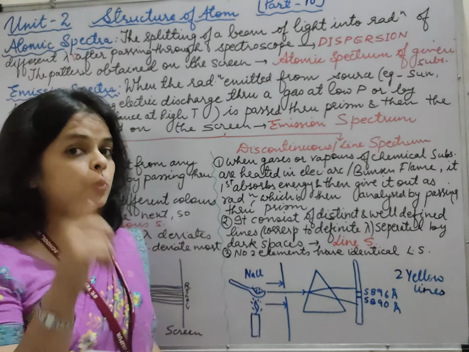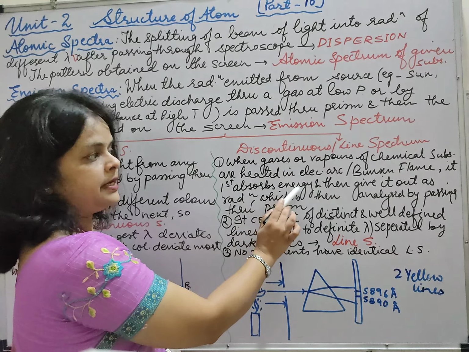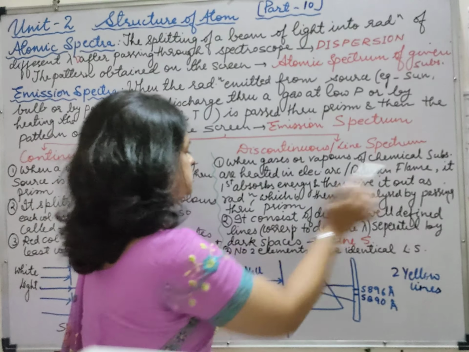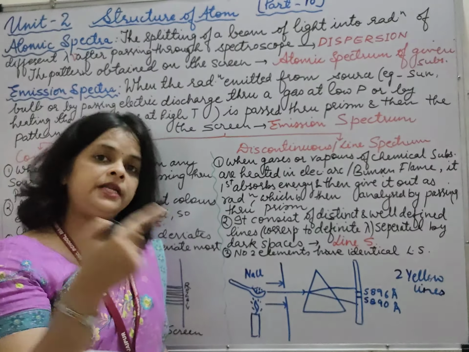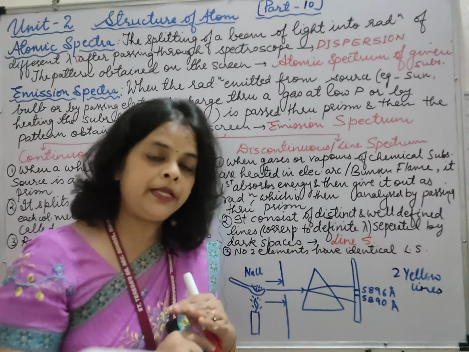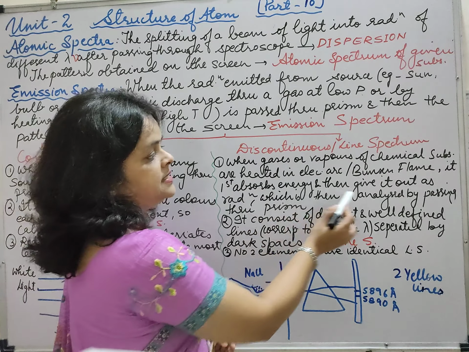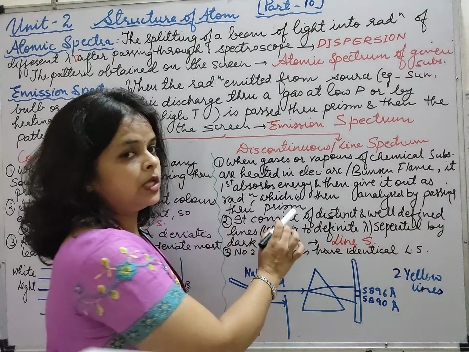So we are going to analyze these radiations. First it absorbs energy and then gives it out as radiations. They will give it out again in the form of radiations. जो radiation absorb करेंगे they will give out the same, which is then analyzed by passing through the prism.